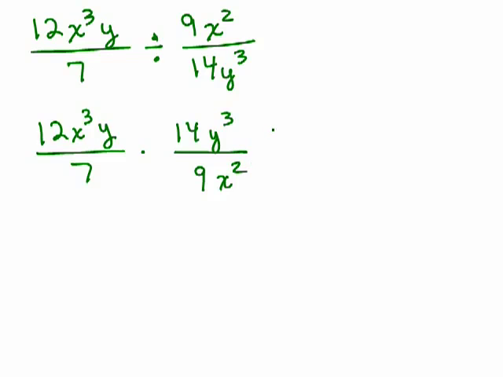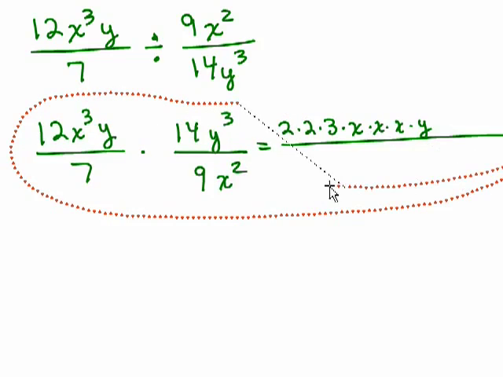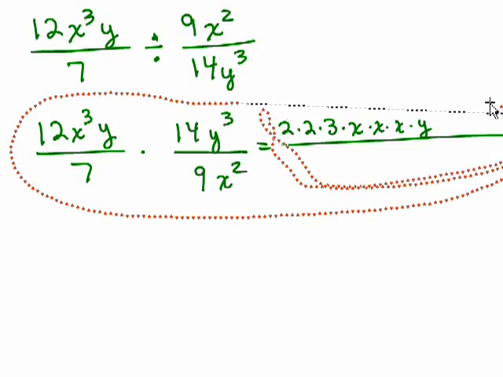Right? So if you wrote it all out the long way, for 12, I'm going to do the numbers first. 12 is 2 times 2 times 3, right? And then we'd have x times x times x times y. I'm going to run out of room here, so I'm going to make this a little bit smaller.